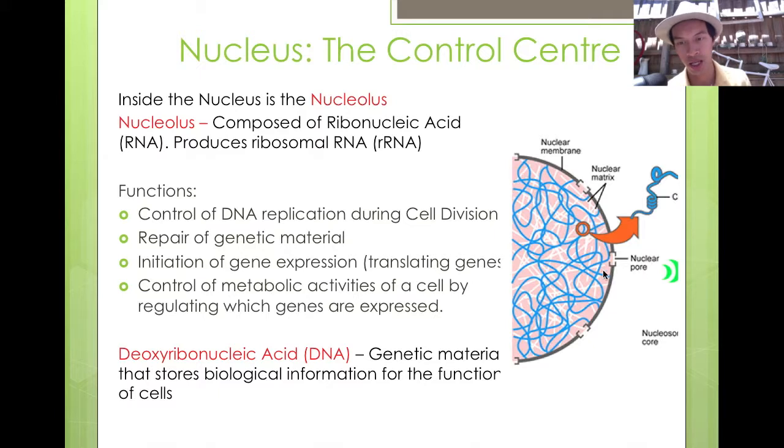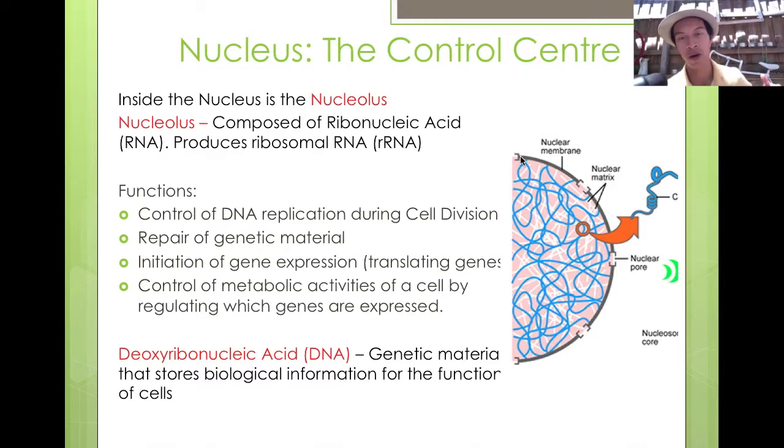Now, one of the key features, and we'll explain this a bit more later on when we look at proteins and things like that, is that the DNA actually doesn't leave the nucleus. It stays within the nucleus, and what actually happens is it gets transcribed, or photocopied, into an RNA strand, which is a single strand, and that RNA gets sent to the rest of the cell.